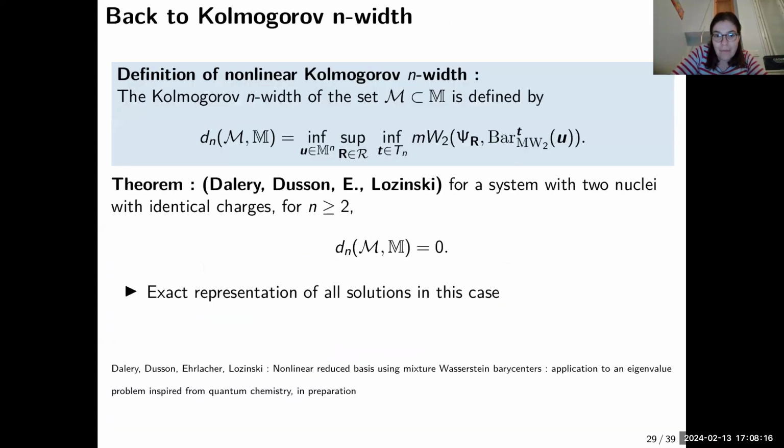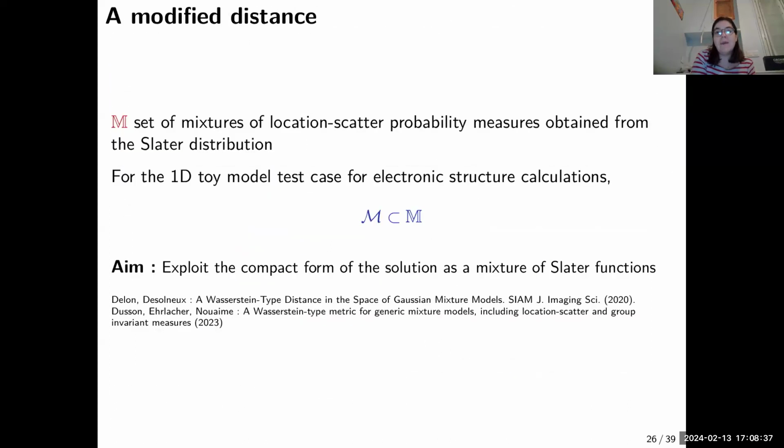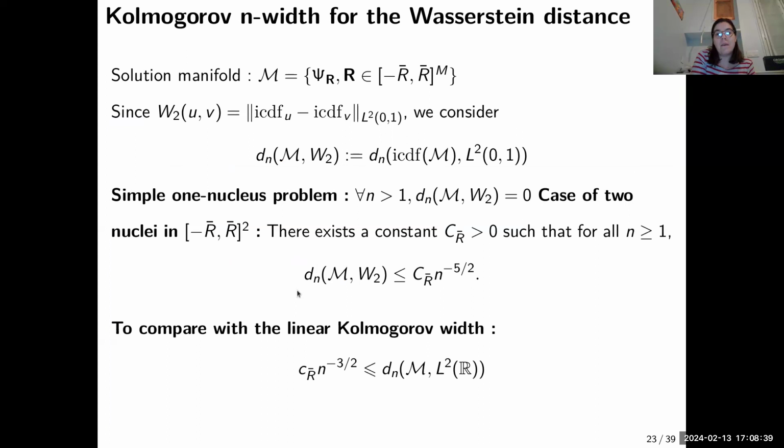For the mixture Wasserstein Kolmogorov width, always in the case of two nuclei (for more nuclei we don't know), the Kolmogorov width is 0 as soon as n is greater than 2. And we know that this is not the case with the exact Wasserstein Kolmogorov width. It will not be 0 for n greater than 2.